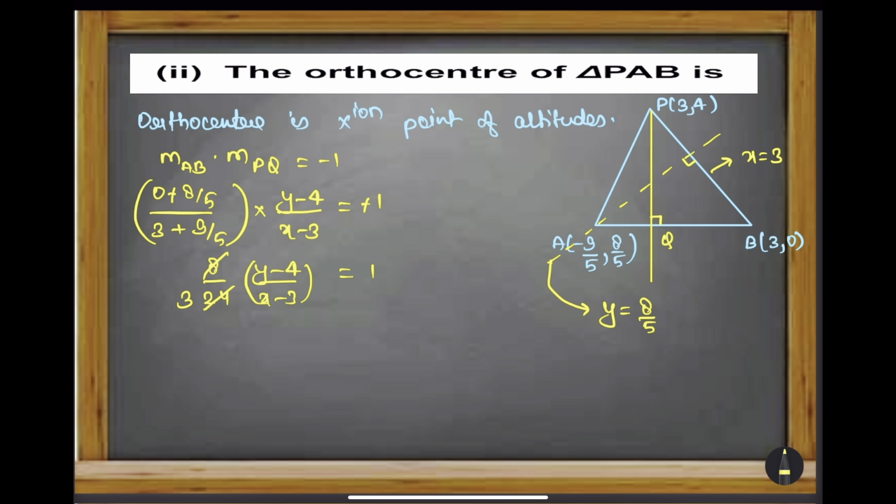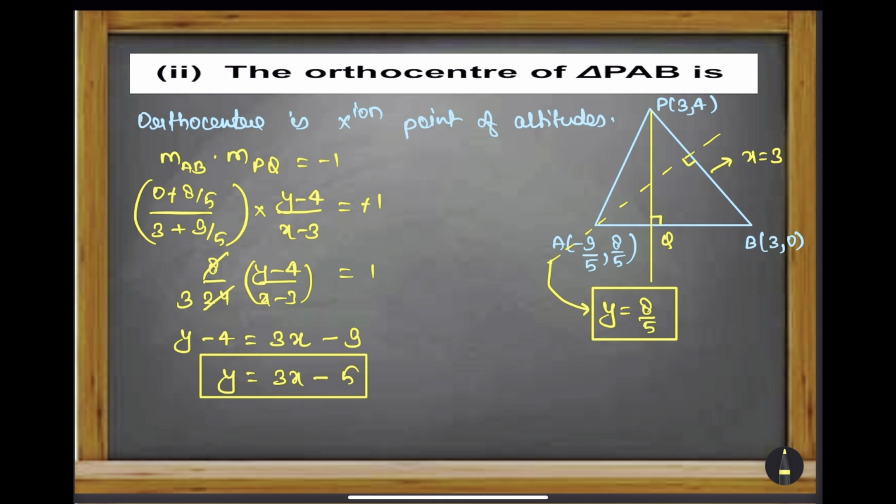Now we got y minus 4 equals 3x minus 9. So we got y as 3x minus 5. Okay, now we will solve this line with this line and we will get the point of intersection, which will be represented by the orthocenter, correct.